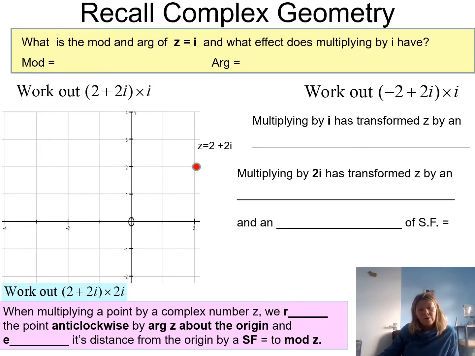Right, what have we got here then? A bit of geometric properties. Alright, so it says, what is the modulus and argument of z equals i? And what effect does multiplying by i have? Right, so the modulus of i, it's a bit silly as this one, isn't it?